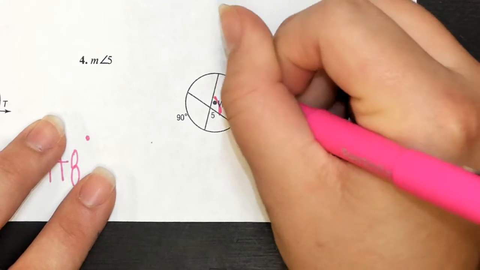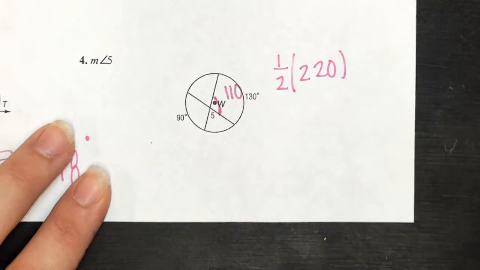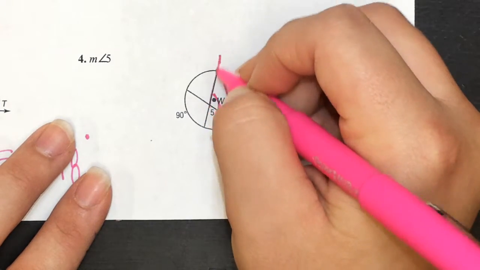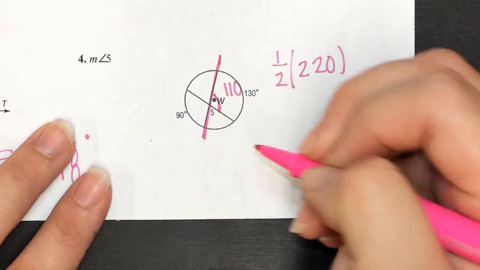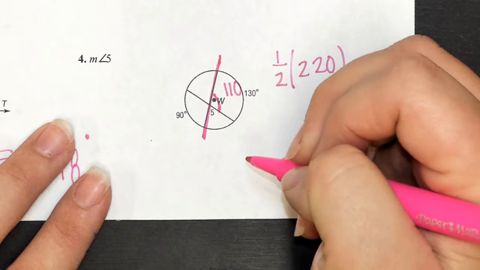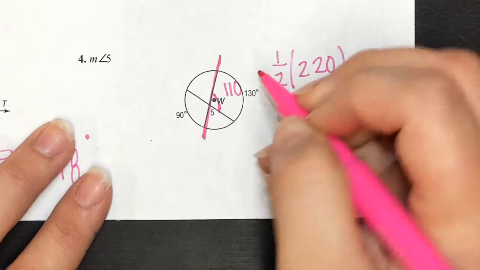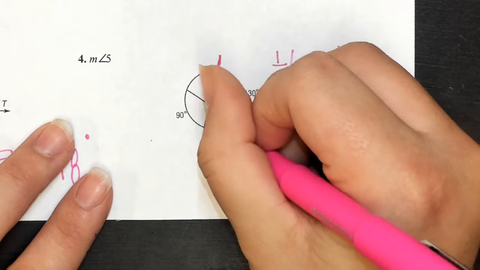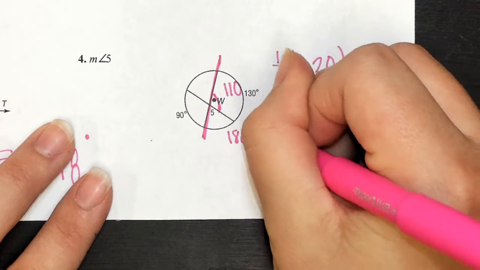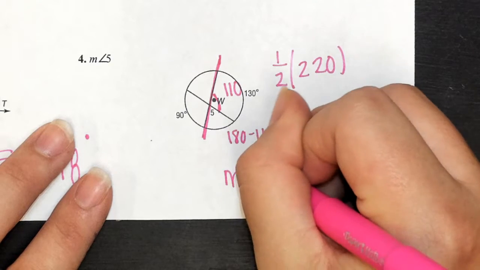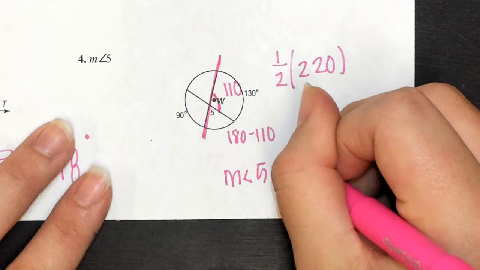So W is 110. But I know that these two are supplementary, which means they both together equal 180. So to actually find angle 5, I have to do 180 minus 110, which means that the measure of angle 5 is 70.